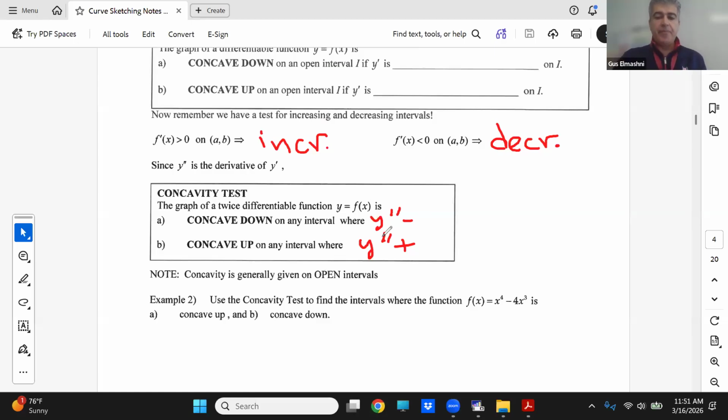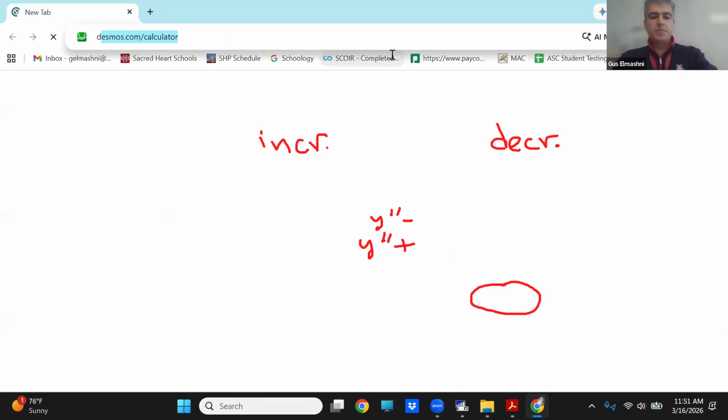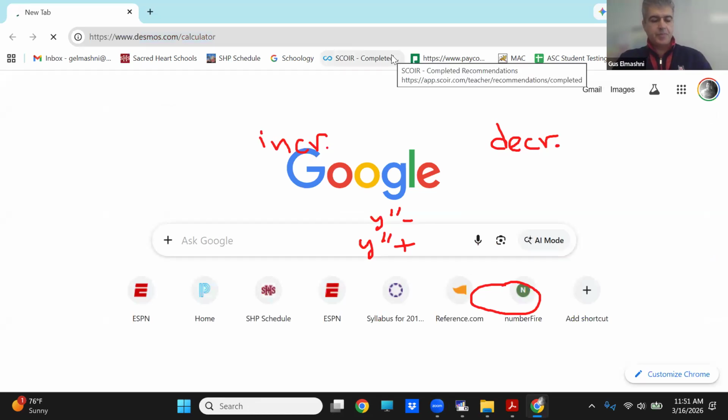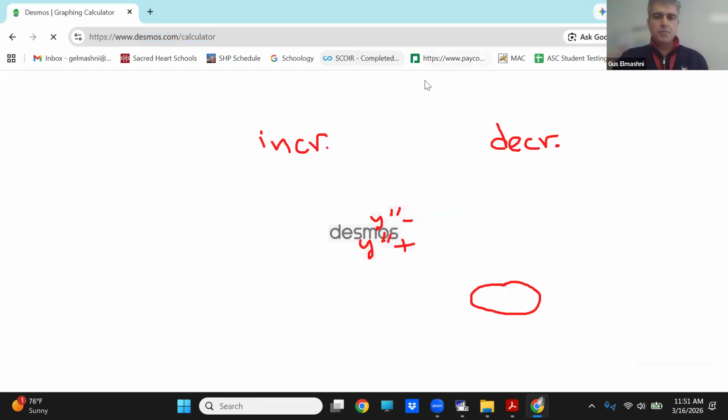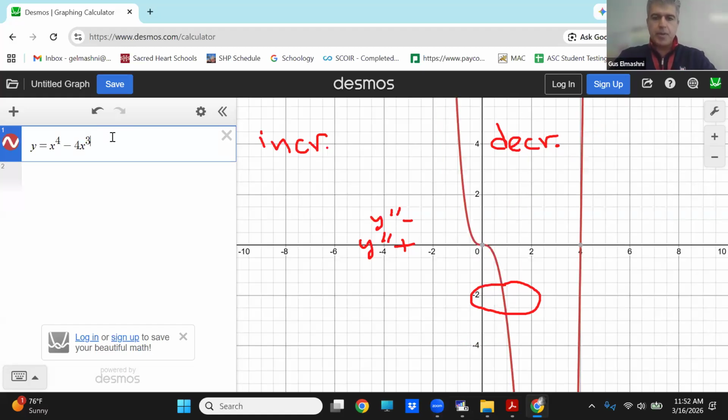So let's talk about the concavity of this graph right here. And before I do that, let's actually go to Desmos really quickly. So y equals x to the 4 power minus 4x cubed. Okay.